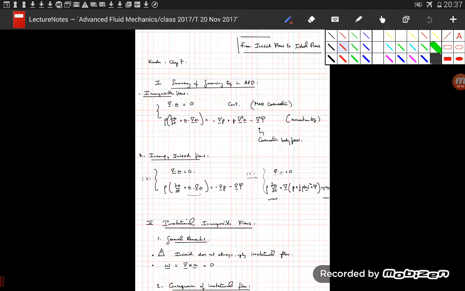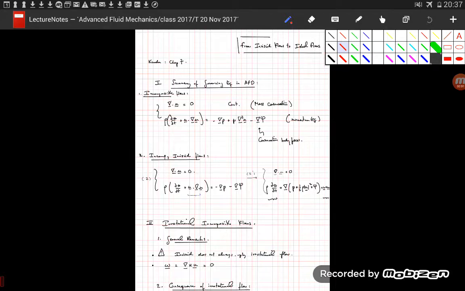Now I have just a few announcements. In the coming days, I will post problem set number 4, which will be a very short problem set on vortex dynamics. There will only be a very few problems in there, which are typical problems which you should have seen about vortex interactions.